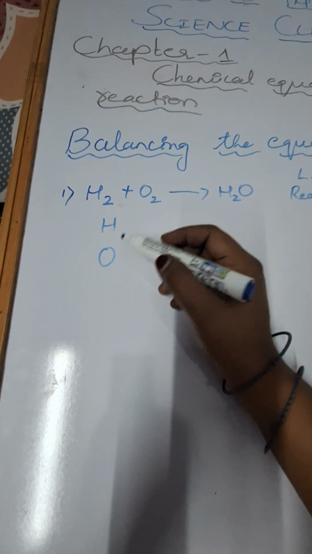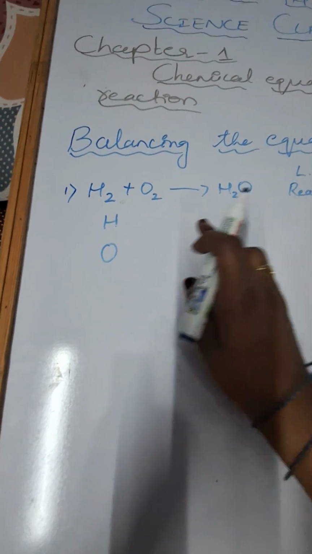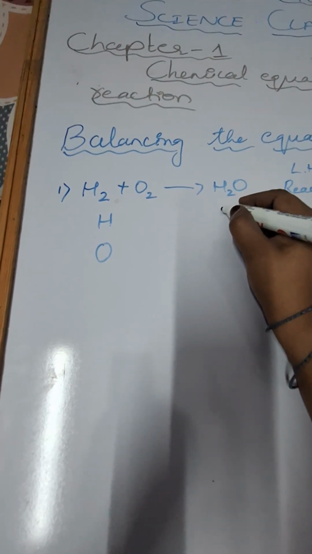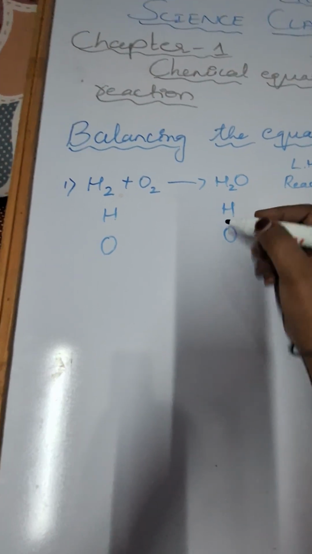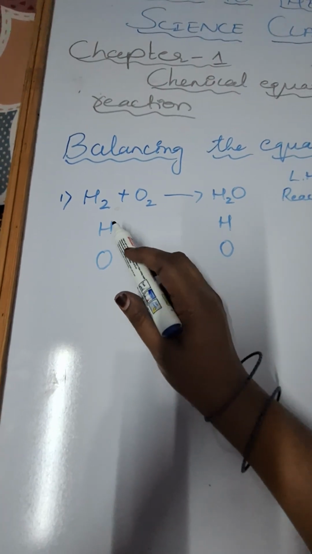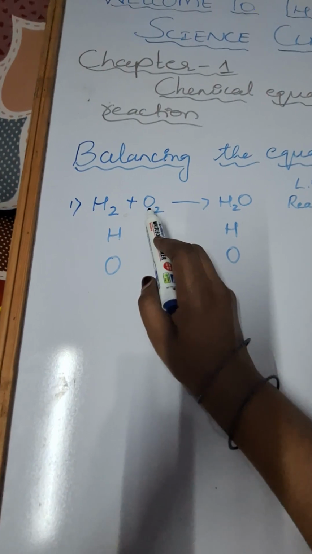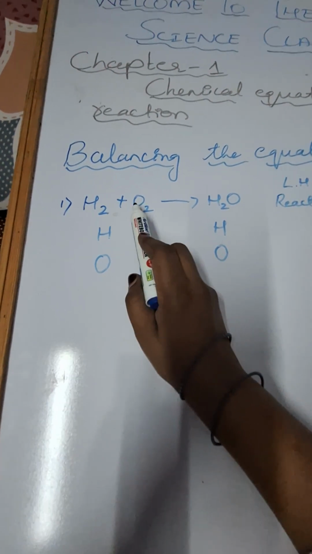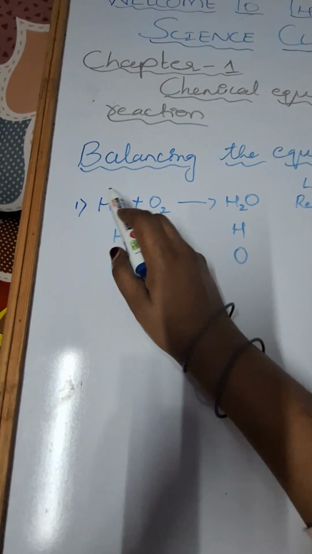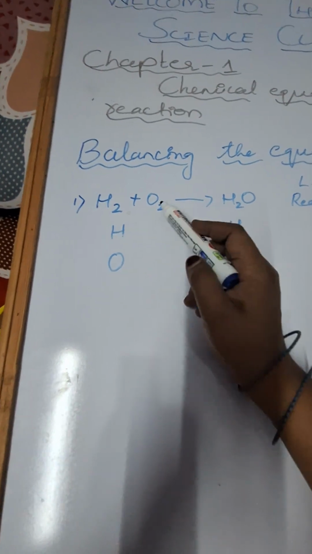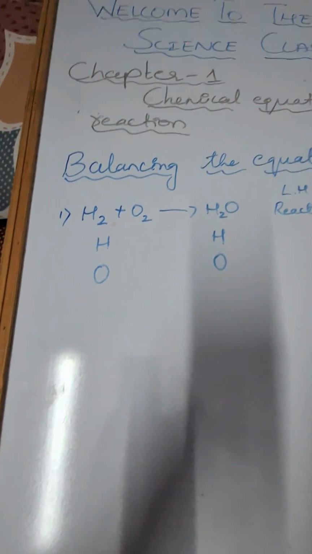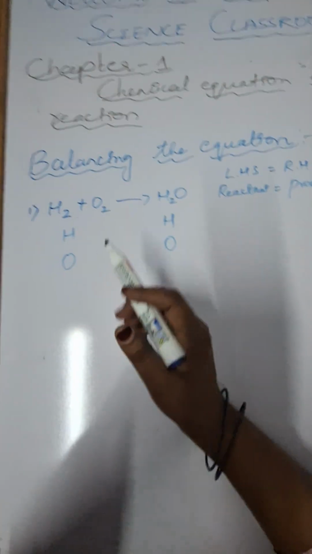Second step, same thing you write for the product. Cut, copy and paste. Like hydrogen, oxygen. How to know whether these are elements? See the capital letters. If they are written in capital, then each one is an element. Like this is a capital H, hydrogen is the element. O is the oxygen, so it's an element.